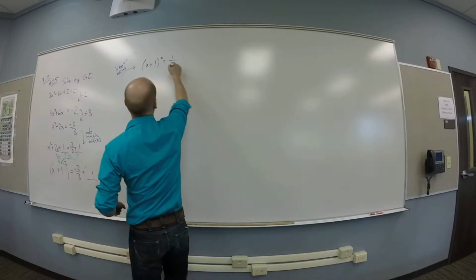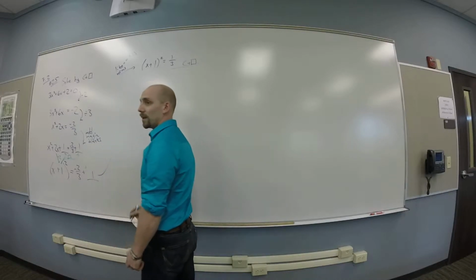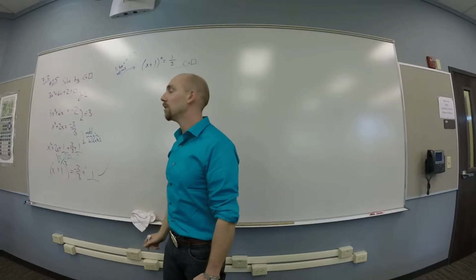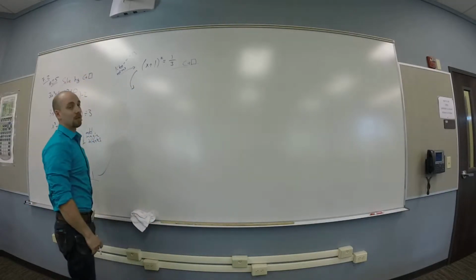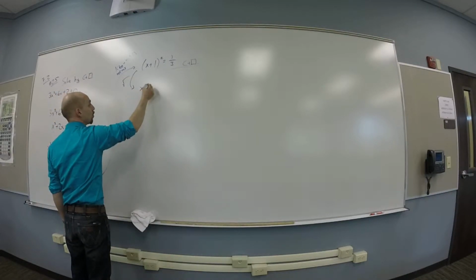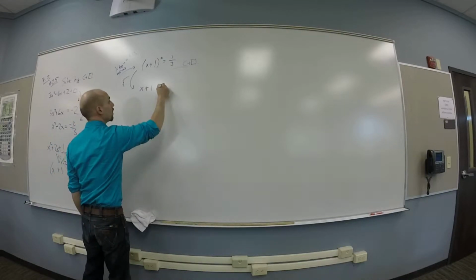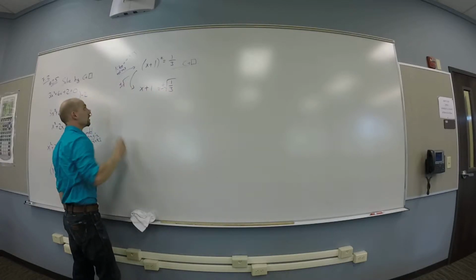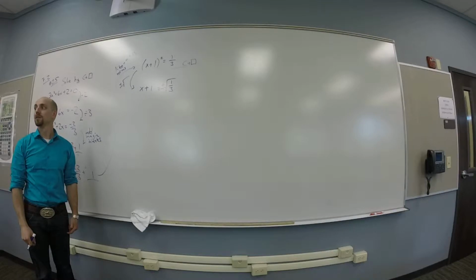Correct. So right here, square completed. And now I need to start this solve bit, right? To solve, what do I do? Square root. So I get x plus 1 is, oh, okay, plus or minus. Remember those, they're important.